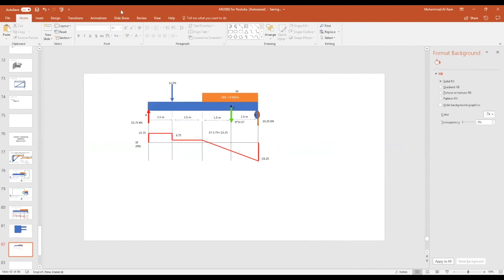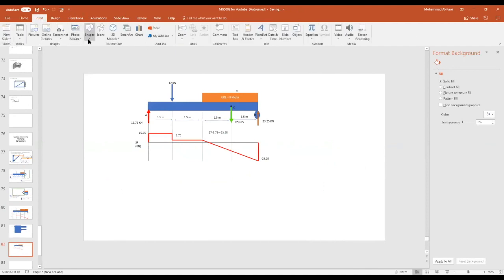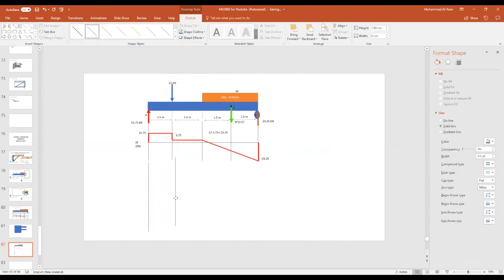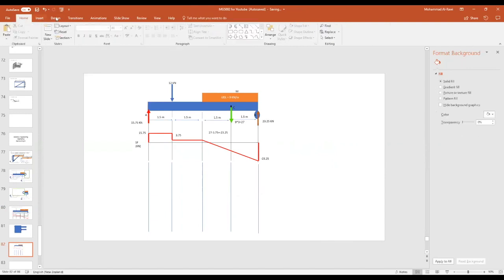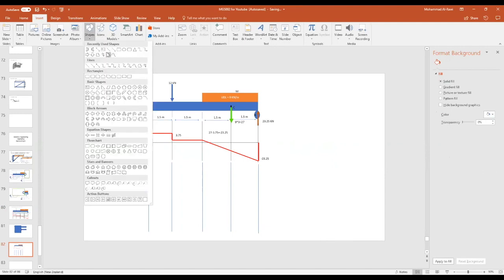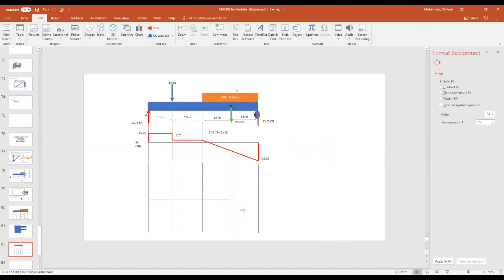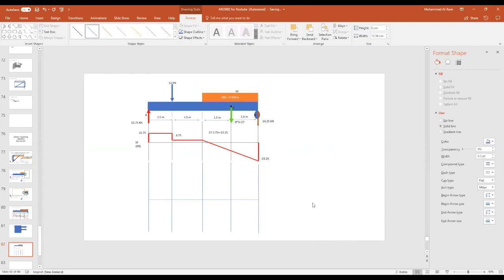Now, this will give me a bit of space to continue and find the bending moment diagram. So hopefully in the future, you'll be faster than me in using PowerPoint and how to use it effectively, especially when you have presentations or you want to draw your lab reports or assignments. I'll help you in doing these things.